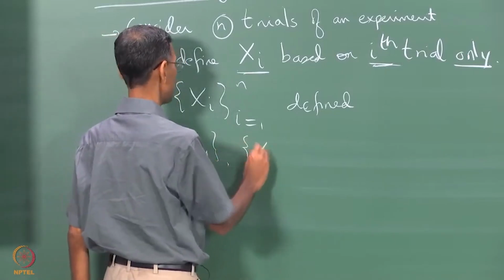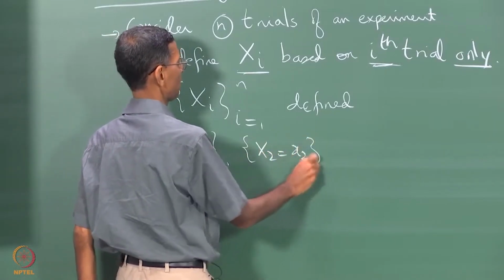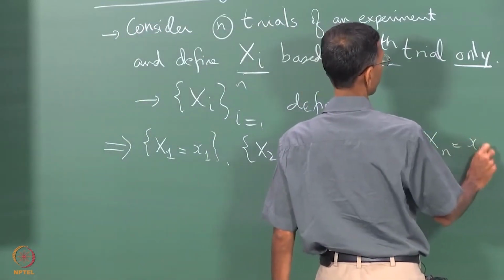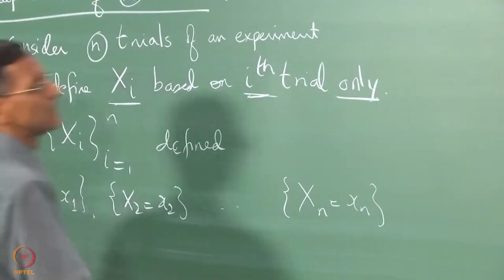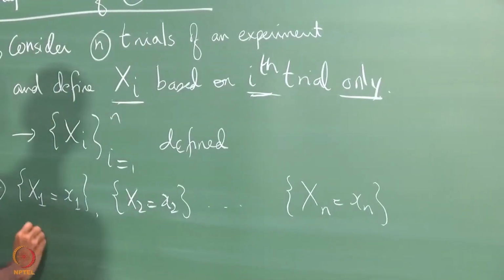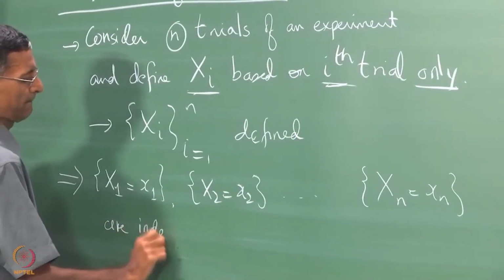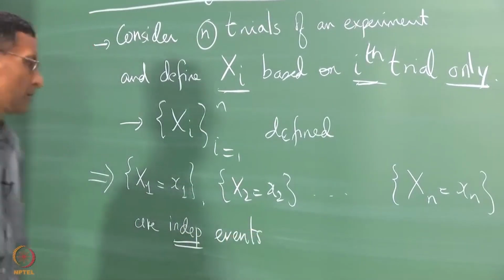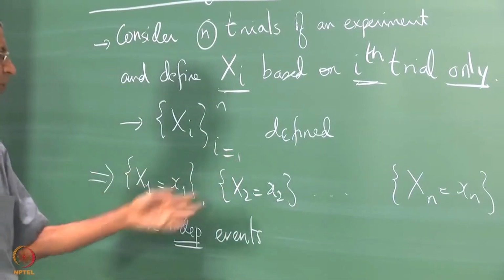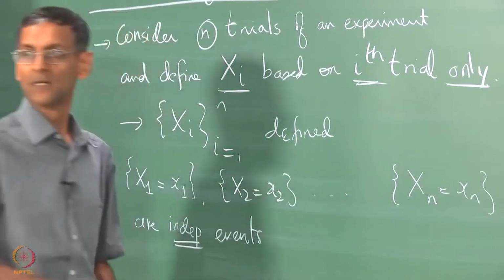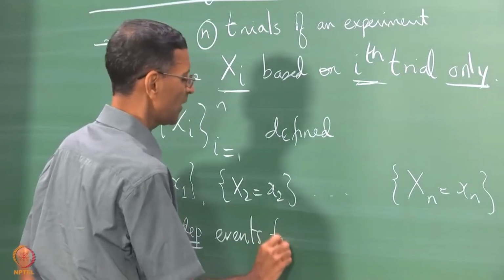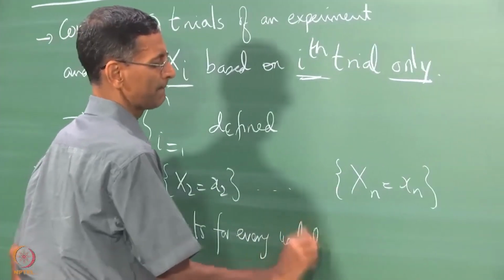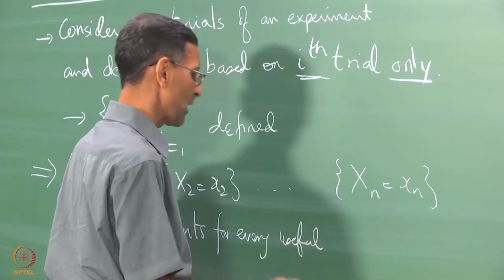So we have these events X2 equal to x2. So these n events, these are all independent. For what choice of vector small x, for any vector, for every useful choice of x1, x2, ..., xn, I'll have to say what I mean by useful.